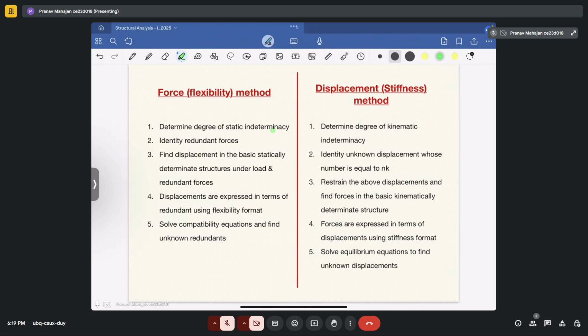Whereas in the stiffness method, you will first find the degree of kinematic indeterminacy, which tells you how much the structure is able to carry in rotations and displacements. So you will restrain that displacement and then find the forces due to that displacement. Whereas in the force method, we will remove the restraints which are providing the displacements, and then we will determine the forces.